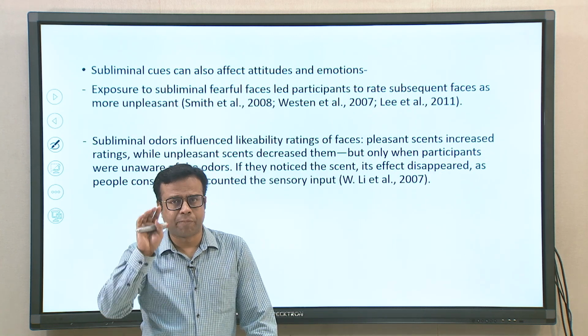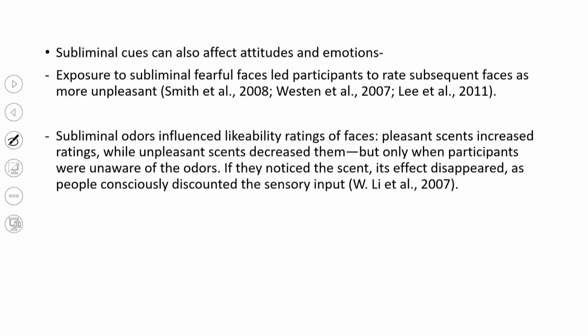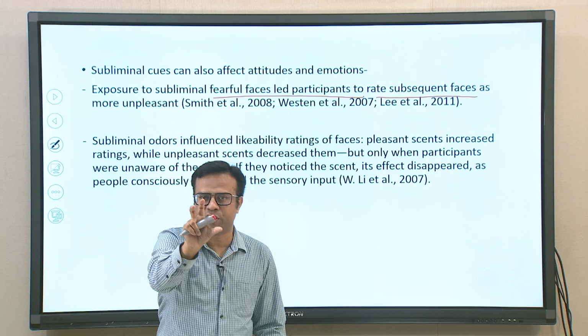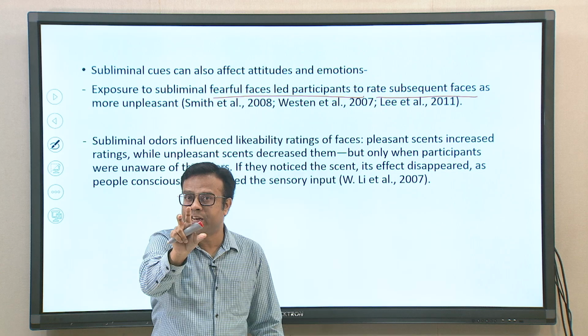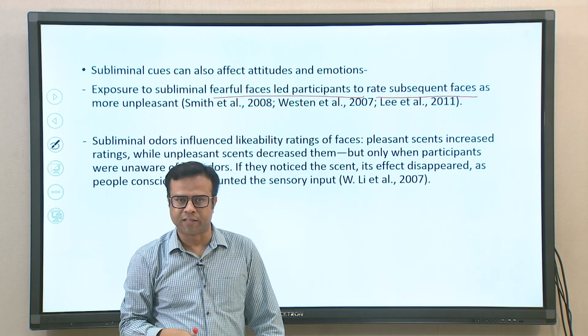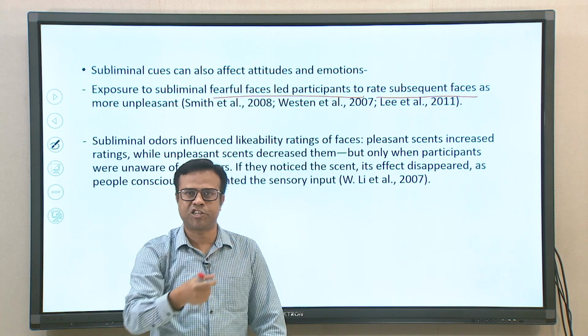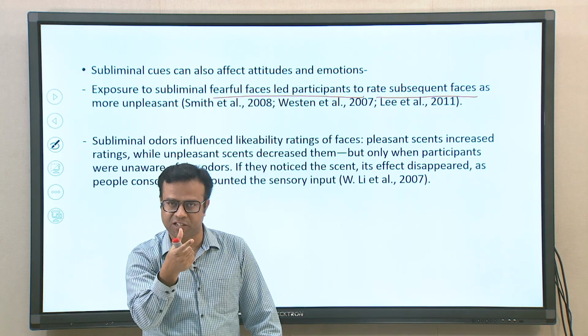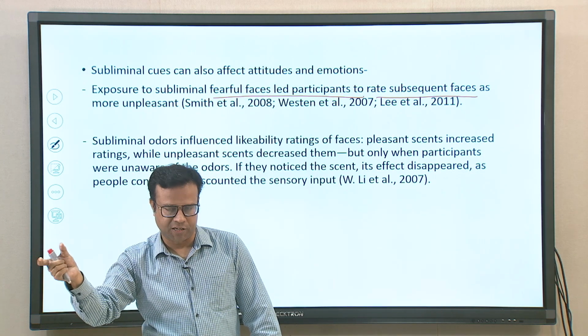Subliminal cues can also affect some attitudes and emotions. Exposure to subliminally fearful faces led participants to rate subsequent faces as more unpleasant. When fearful faces were presented first, participants could not consciously remember that something was presented, but some flashes of fearful faces came first and then other faces were presented.